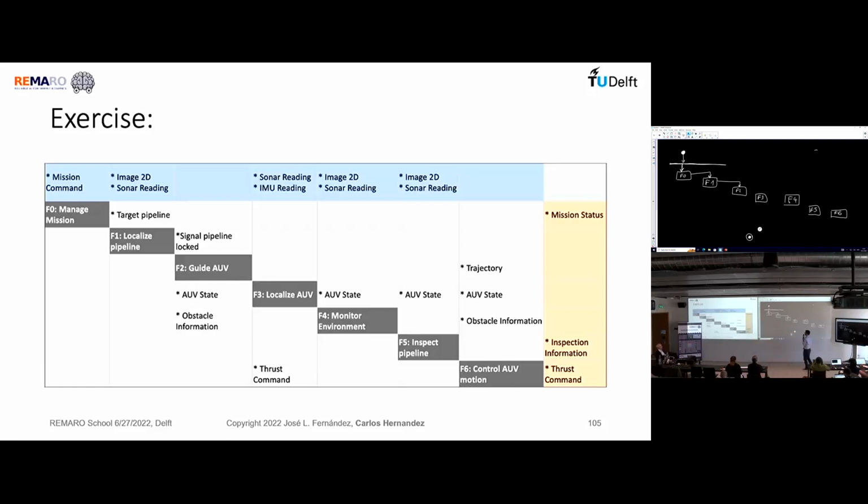But if you think now of what's being executed, controlling the AUV is probably something that you need to be doing at all times, because you want to have control of what the AUV is doing at every control cycle. So as fast as you can, probably, or as fast as you need, better. And actually you can see that there is a loop here.